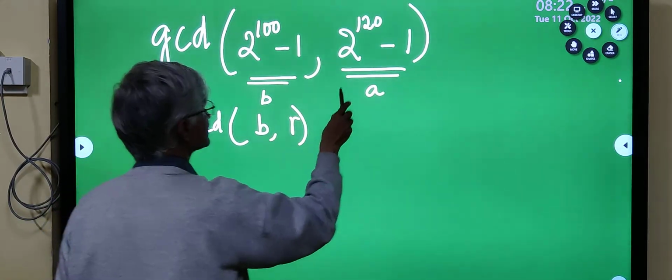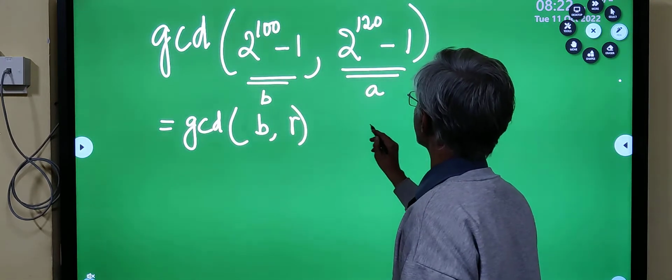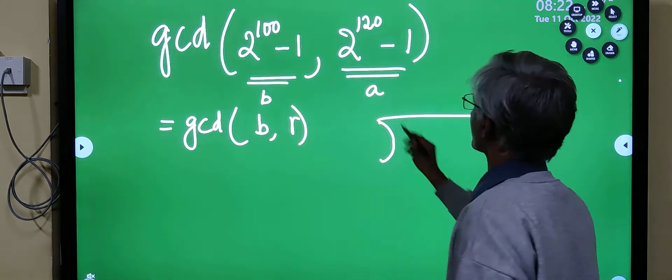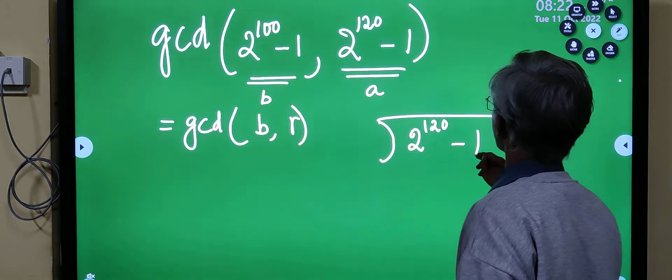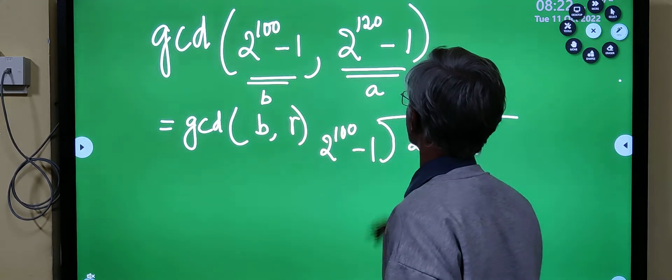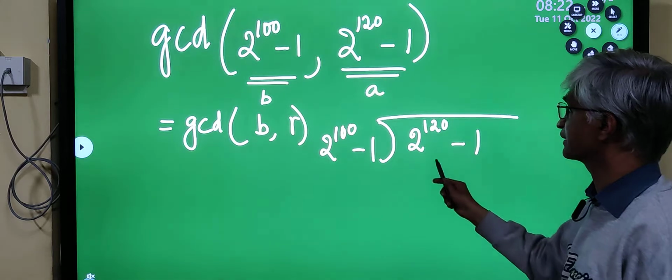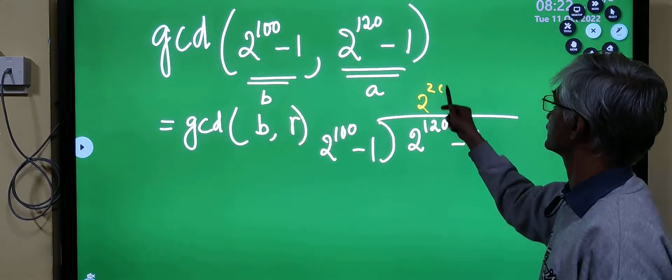So I have to find the remainder when A is divided by B. So let us actually divide A, that is 2 raised to 120 minus 1, by B, 2 raised to 100 minus 1, and see what is the remainder. This is 2 raised to 20.